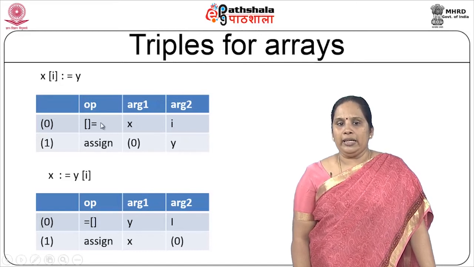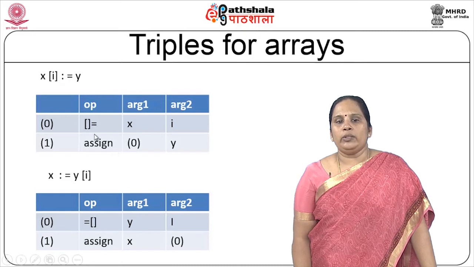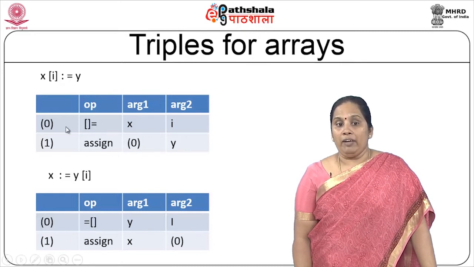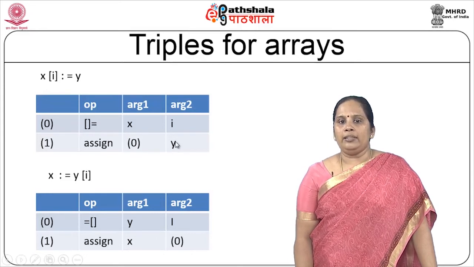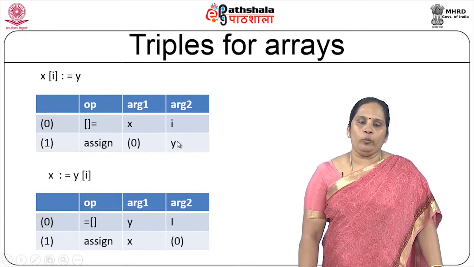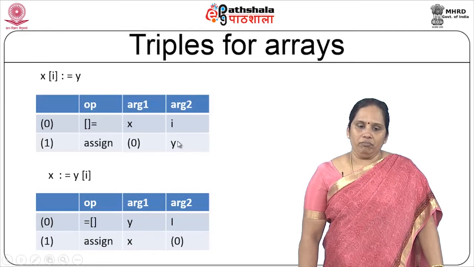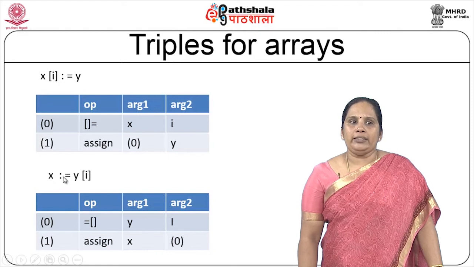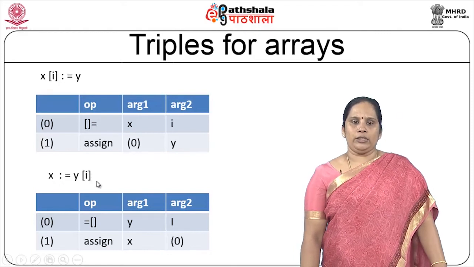And then the next one is the assignment operator, where this is the target, so I am putting it here, and the second argument happens to be y. So the target is specified in argument 1, and argument 2 will be the other operand. Now x is equal to y of i, that is your next situation.